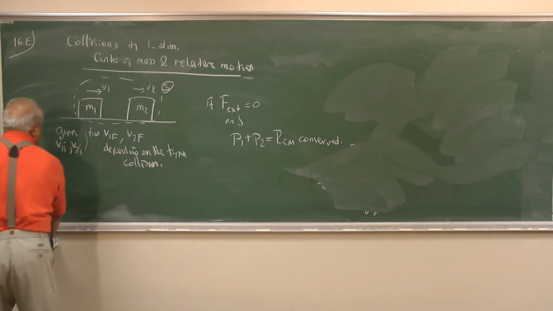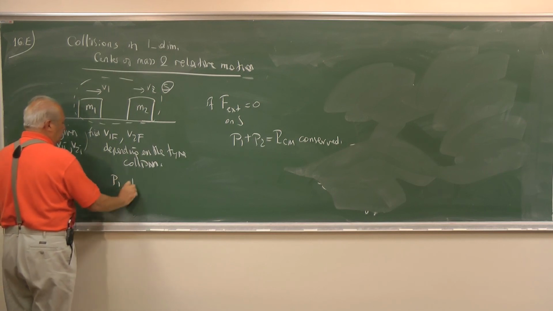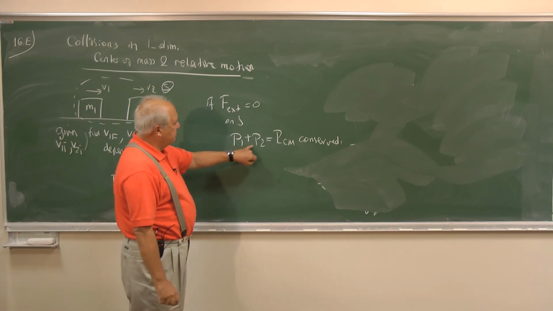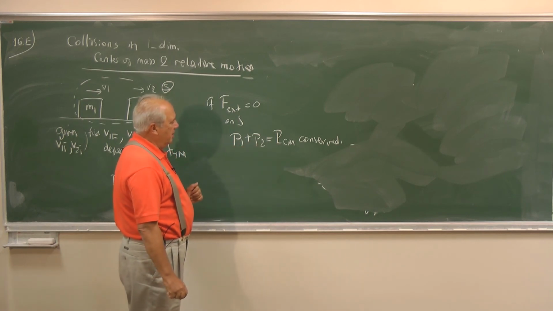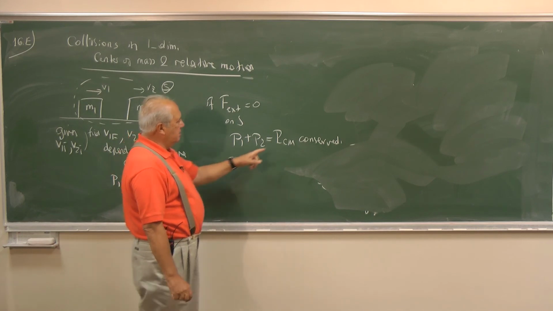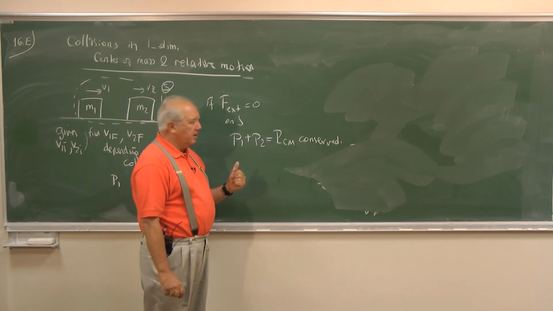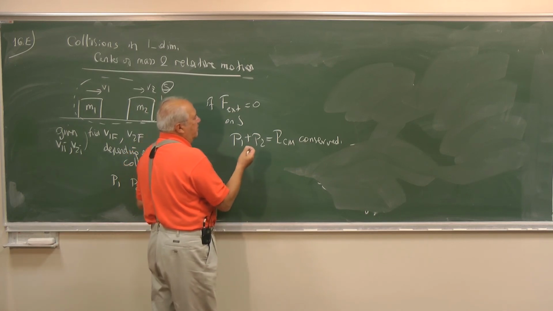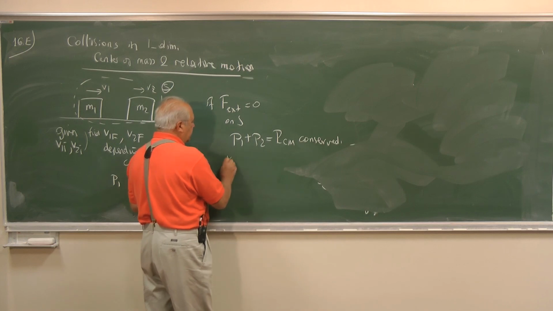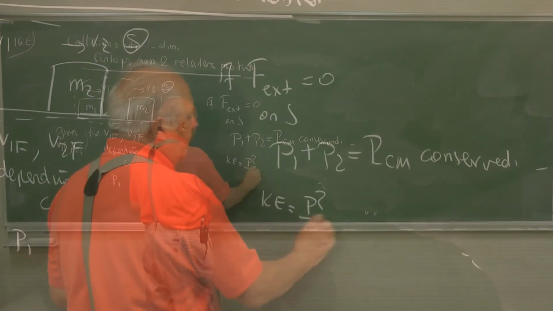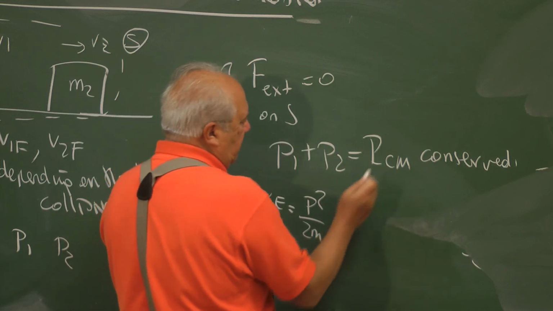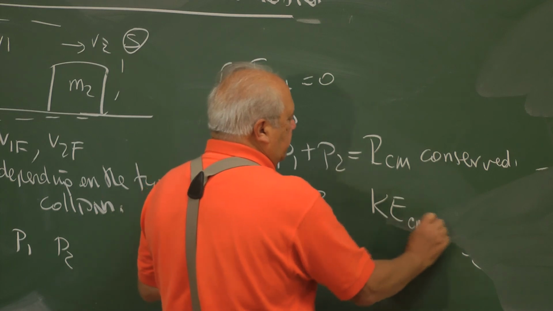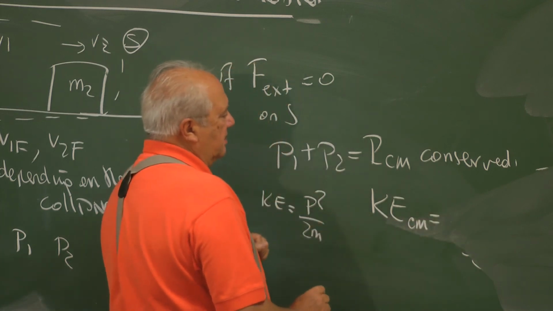Now we have two momenta here, P1 and P2. But collision is such that the total momentum, PCM, is conserved. A body which has a momentum has a kinetic energy P square over 2m. So because we have a center of mass momentum, there is a certain amount of energy locked in the center of mass motion.